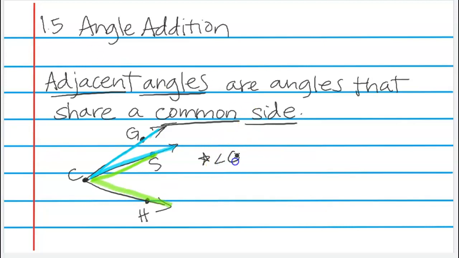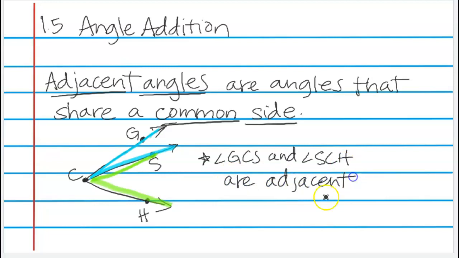So angle GCS and angle SCH are adjacent. Those are the two adjacent angles. So we could think of adjacent as next to each other. All right, then the common side we are speaking of is ray CS. So CS is the common side.